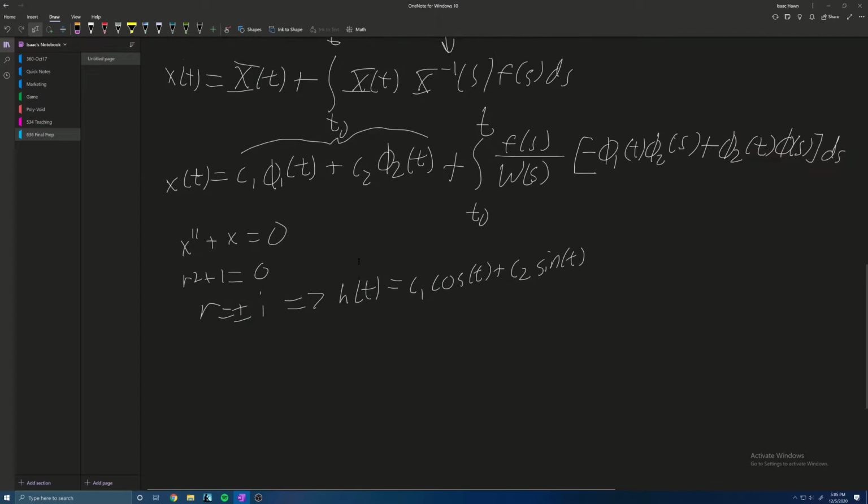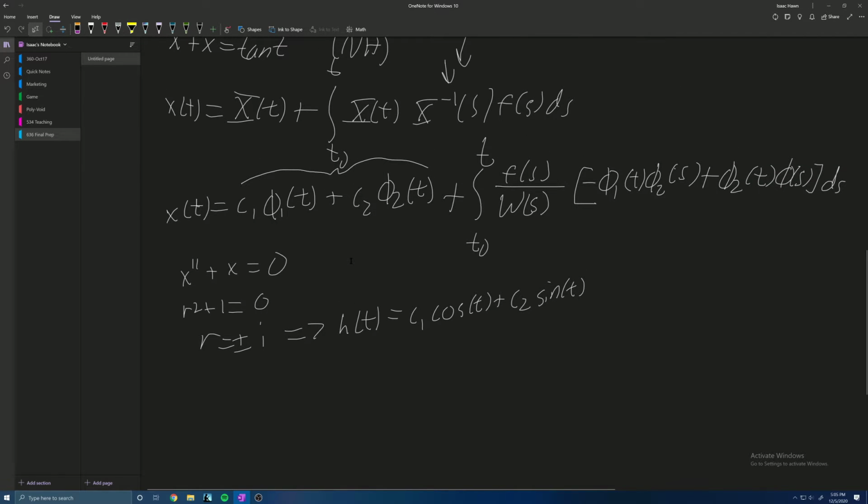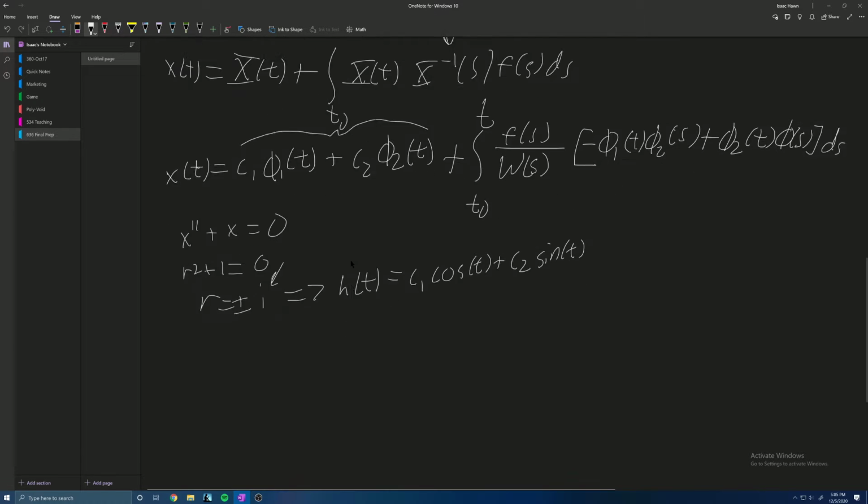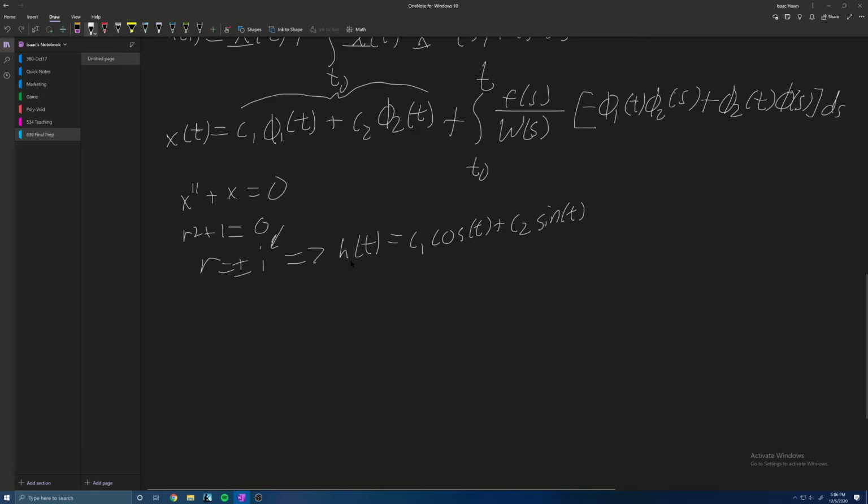Yeah, and you can verify that if you want. This is just from the Euler property of converting from this. This is going to be the eigenvalue of the system matrix, and we can convert that to the real plane by using the sine and cosine property. I think that's the Euler formula. All right, so that's this part right here.